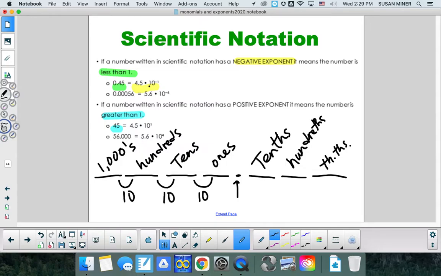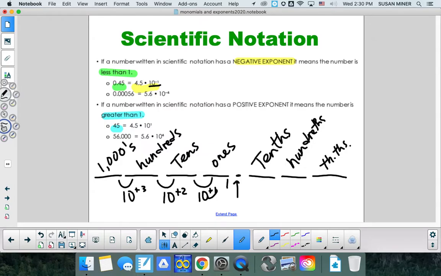And so that's exactly what's happening here with our scientific notation. I'm either getting bigger, right? I'm adding a power of 10, or I'm smaller than the ones, right? The ones would just be here, and then increasing from 1 to the tens, right?